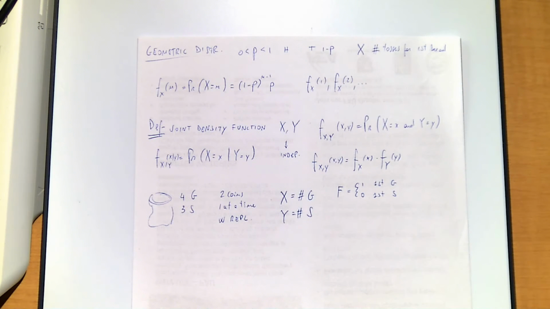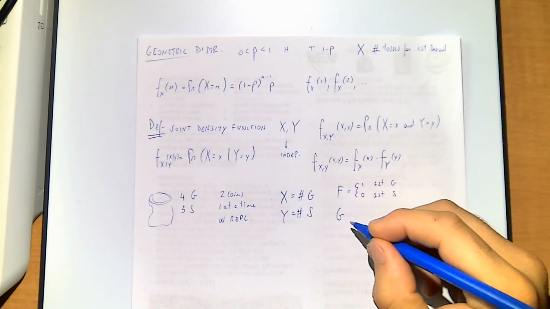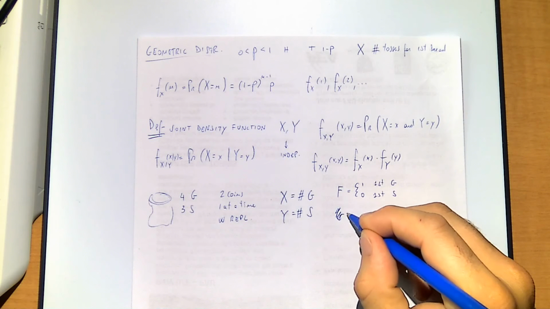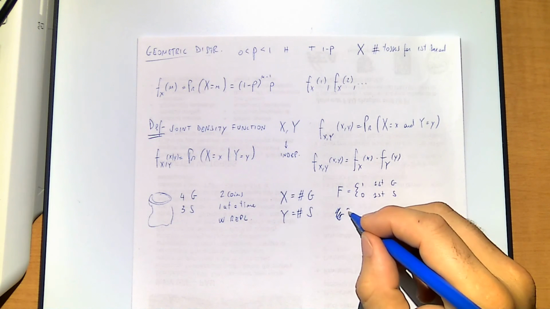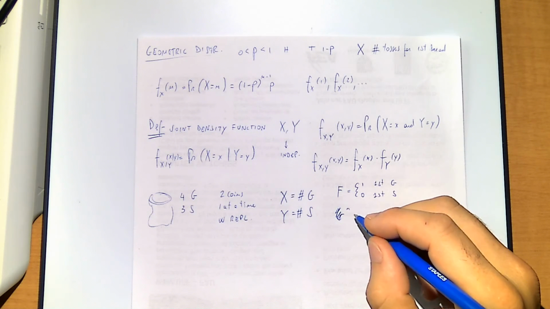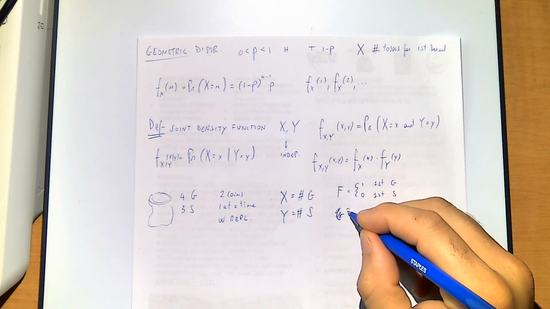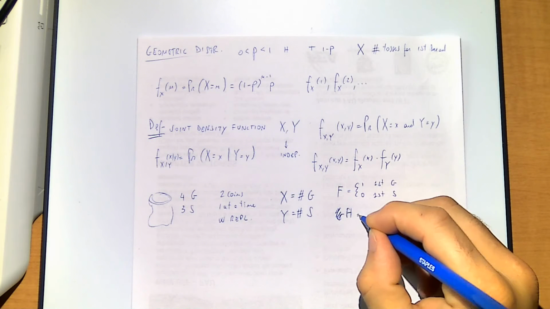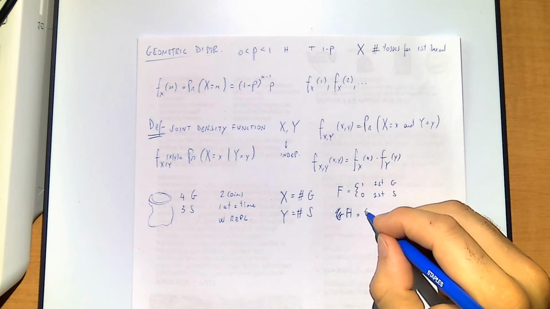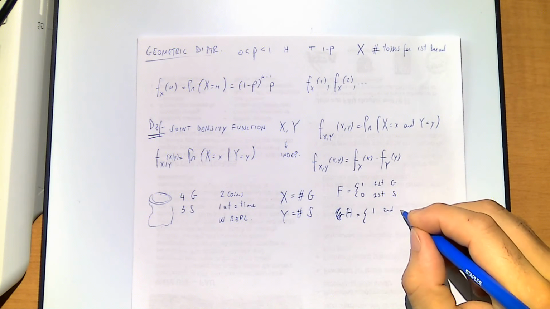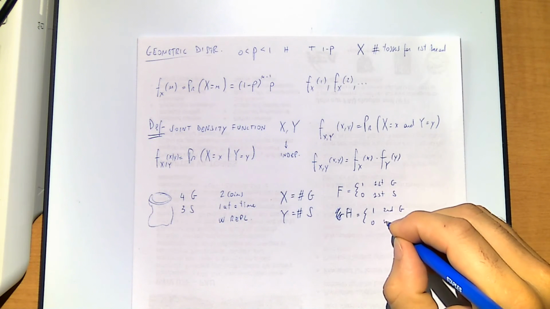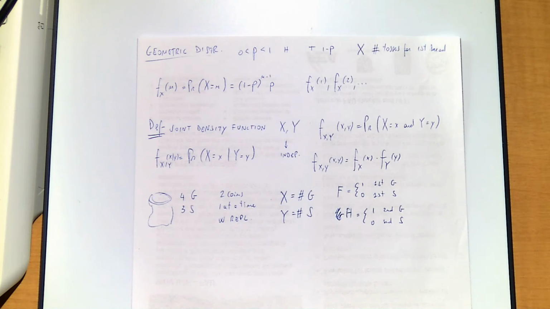For the second one, let's say h, and h is 1 if the second draw is a gold, and 0 if the second draw is a silver.